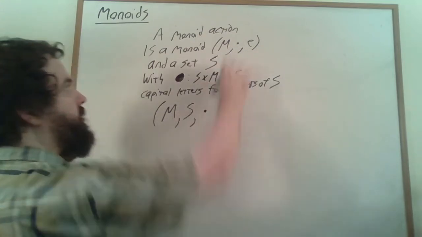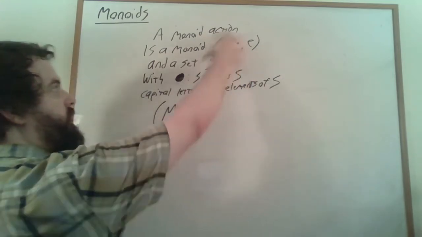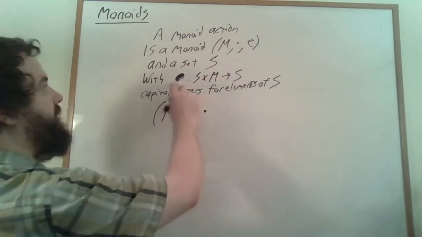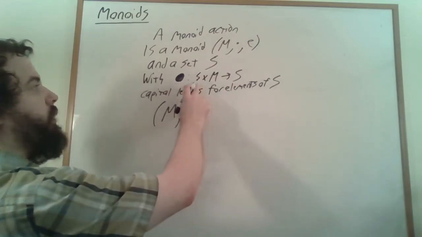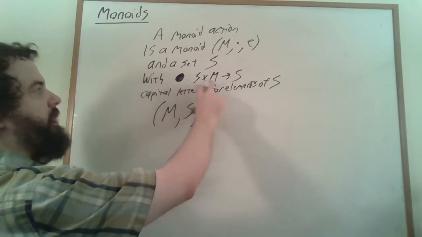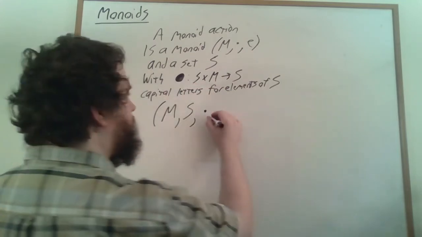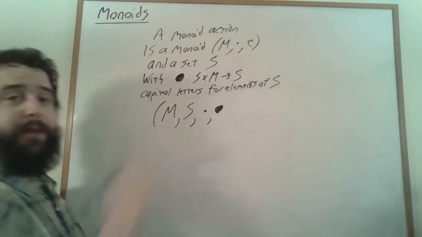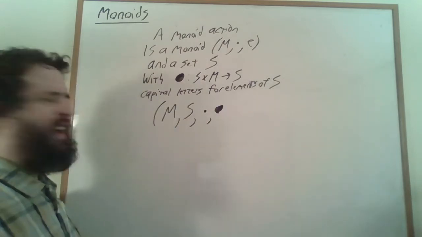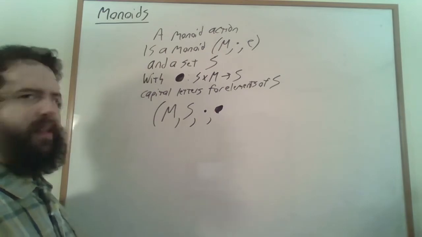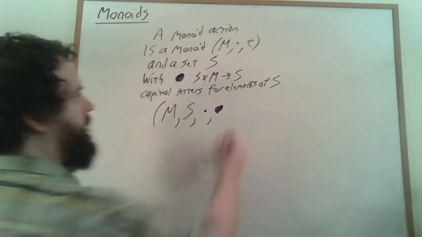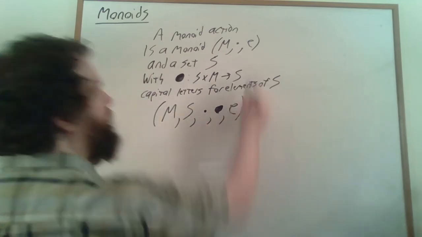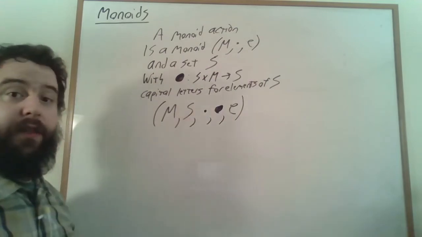One notion of multiplication which is just among elements of the monoid, and then this other notion of multiplication which combines elements of our set and elements of our monoid. So these are fundamentally different sorts of things, which I guess we should indicate somewhere, but I'm not exactly sure where we can indicate that. And then finally, we of course have our identity element of the original monoid.